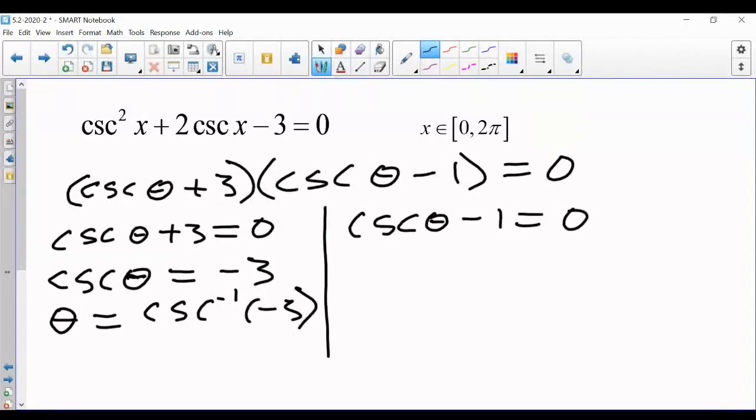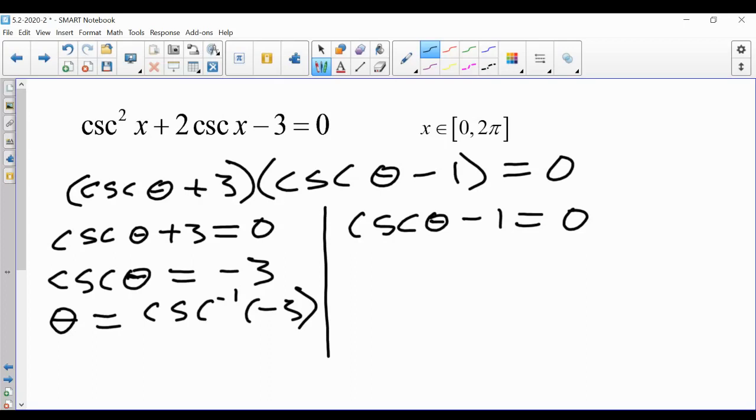But the question is, how does this cosecant thing work? Can I even take the cosecant to the minus 1 of minus 3? Flip the fraction and make it into sine, Brendan says. And Christiana says, change to sine x and take the reciprocal of minus 3. Okay, well done.